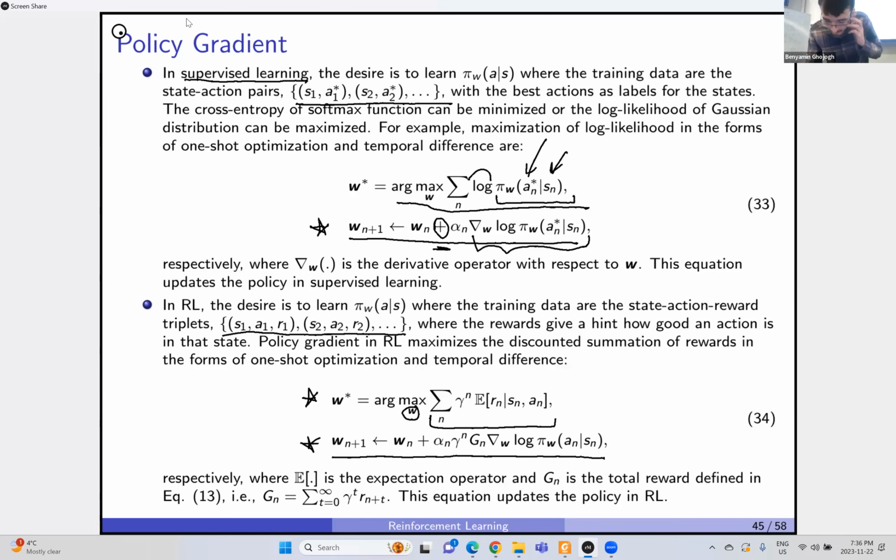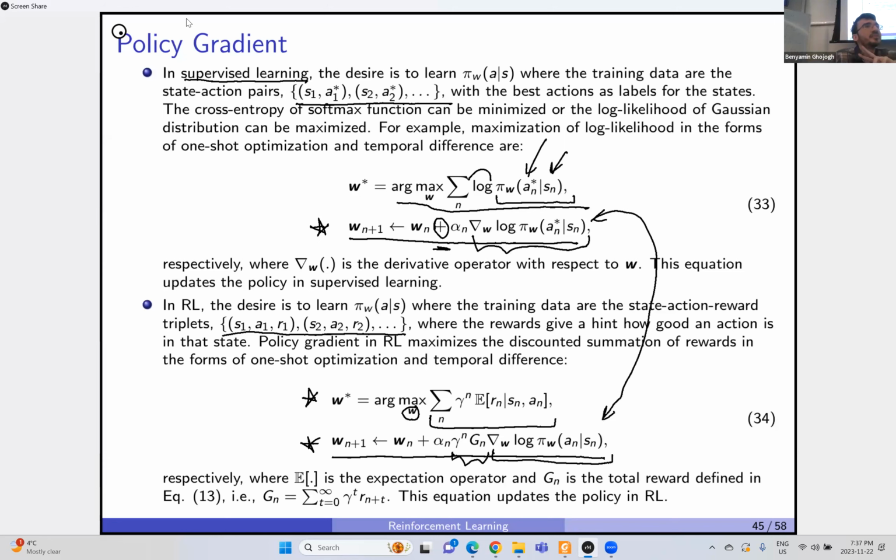What am I doing here? Here, take a look at this. At the same time that I'm maximizing the likelihood of my policy, I'm also multiplying it by the total discounted reward. Okay. Can you just notice these two?